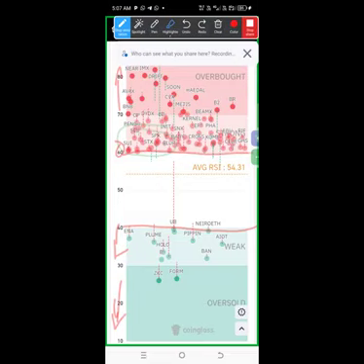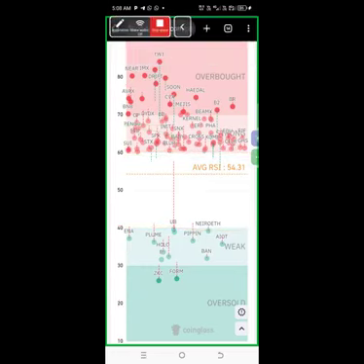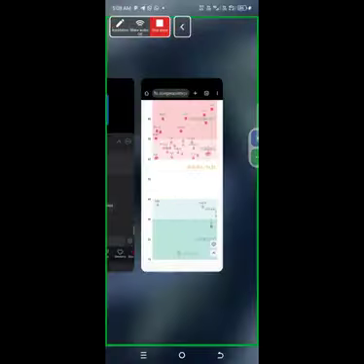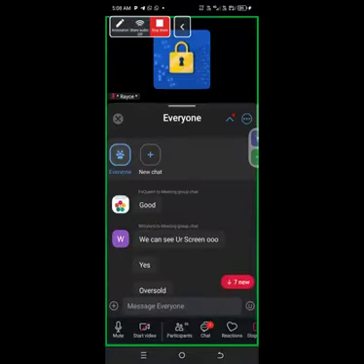So what we are asking is, should we focus on this region or this region? Should we focus on the overbought zone or the oversold zone? Drop your answer in the chat box. Let me know.